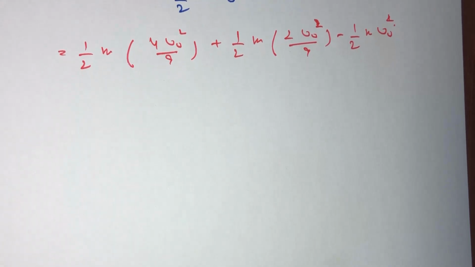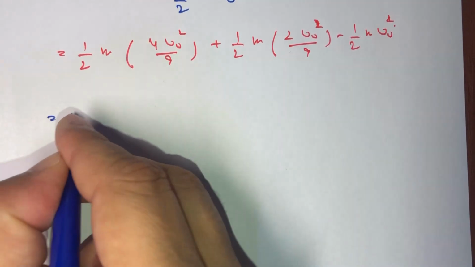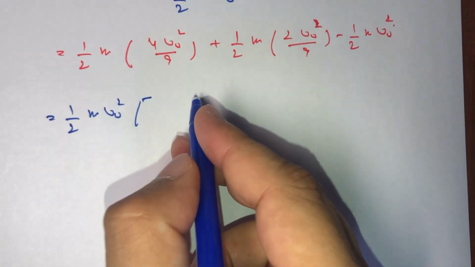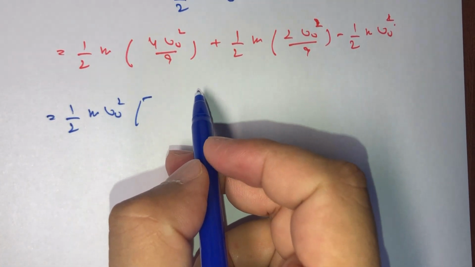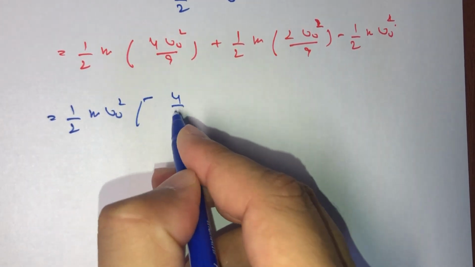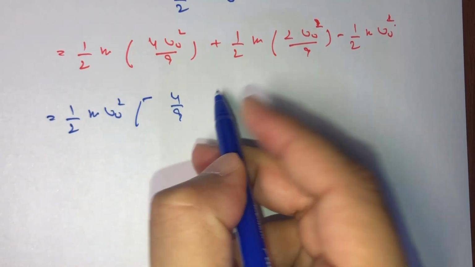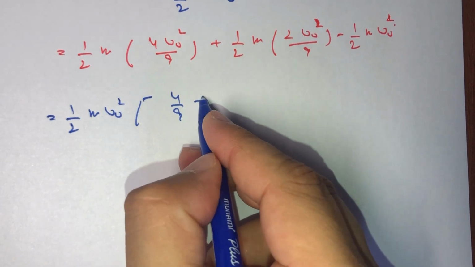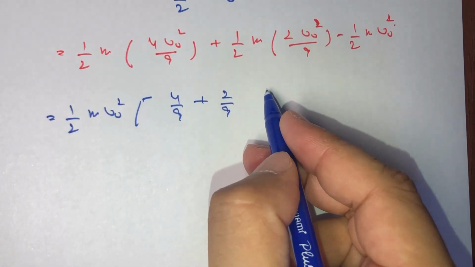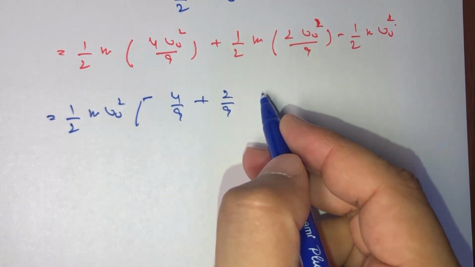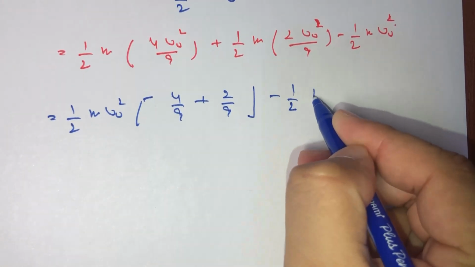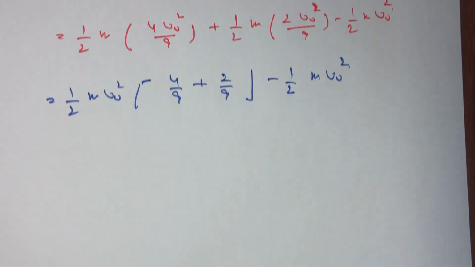Taking 1 by 2m v naught square as common, we are left with 4 by 9 plus 2 by 9, minus 1.